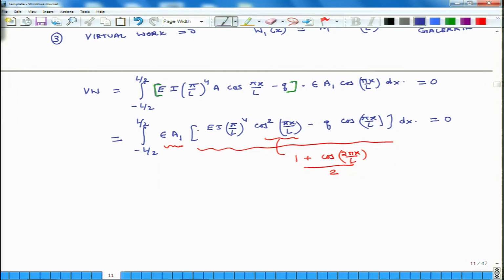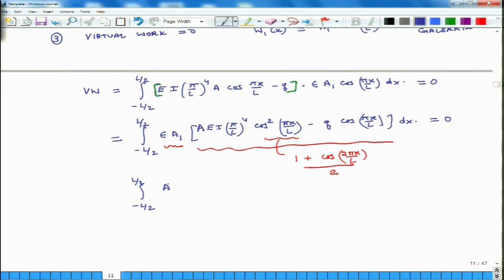So, I am going to ignore epsilon A1 because it is common. So, I get the integral from minus L over 2 to L over 2. Yes, and there should be an A because that is what we are looking for.